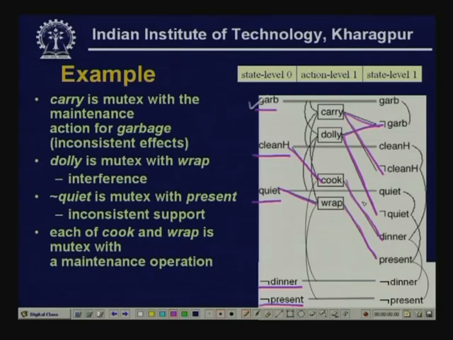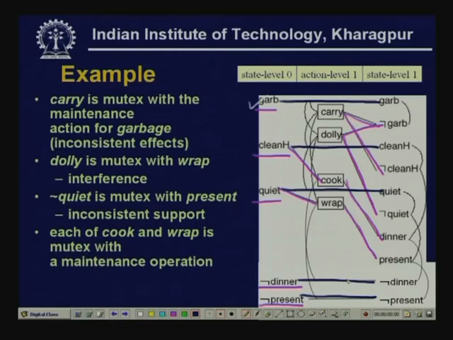Now, let us see what sort of mutex hold between the actions. In addition to these 4 actions, we also have the maintenance actions, 1 for each literal. For example, garbage to garbage there is a maintenance action, clean hands to clean hands there is a maintenance action, quiet to quiet, similarly no dinner to no dinner, no present to no present, these are maintenance actions.